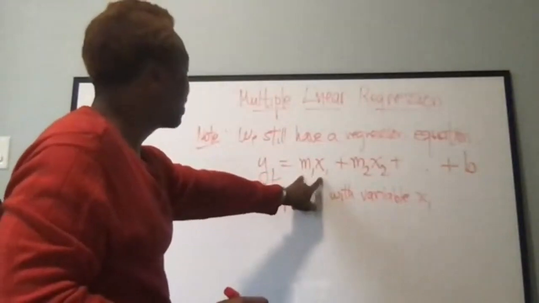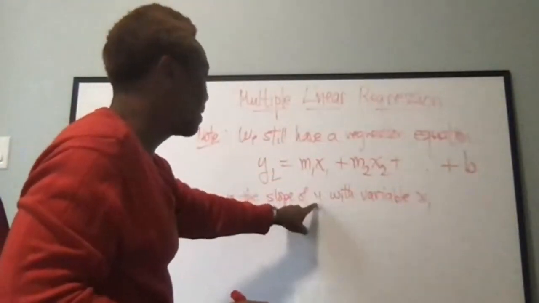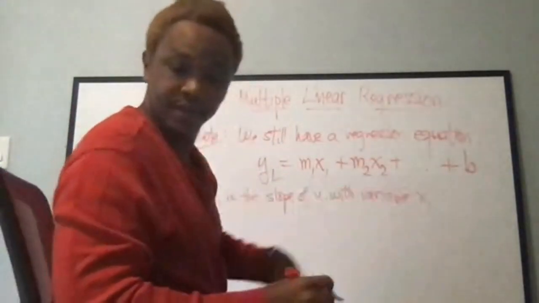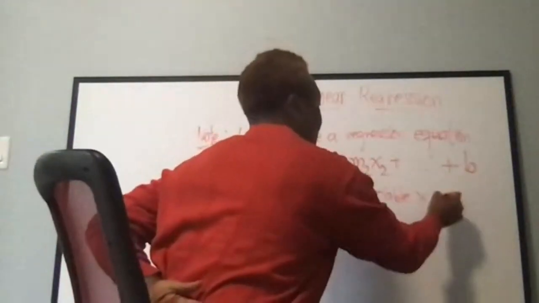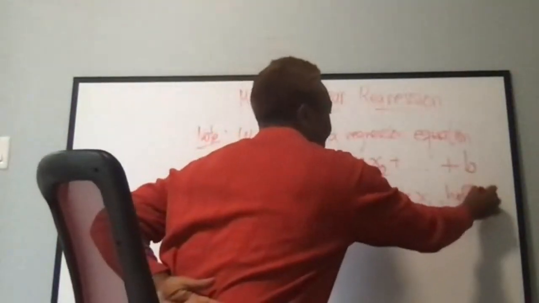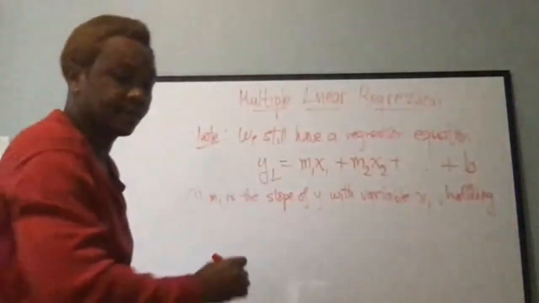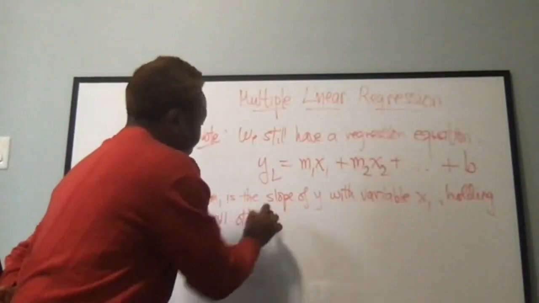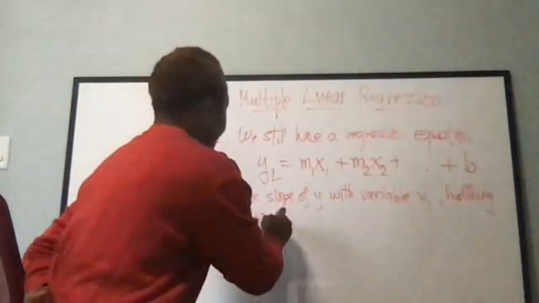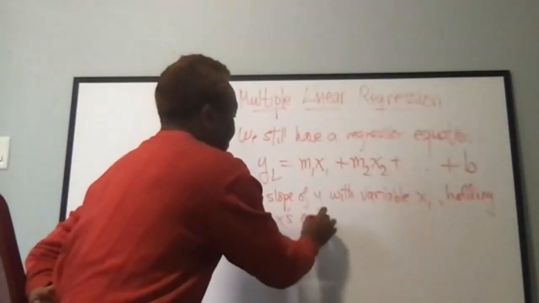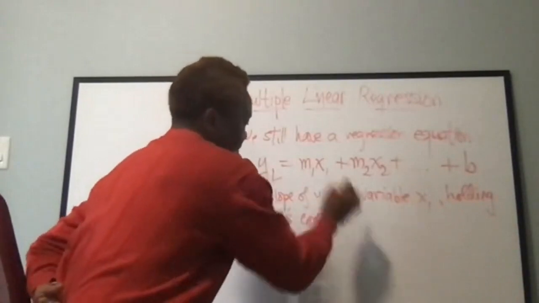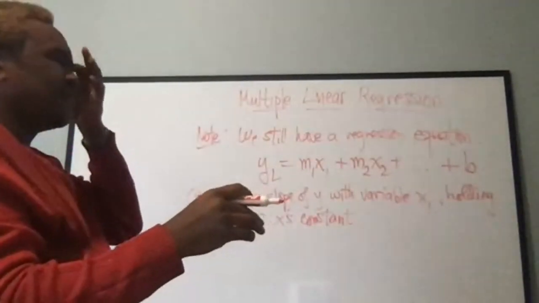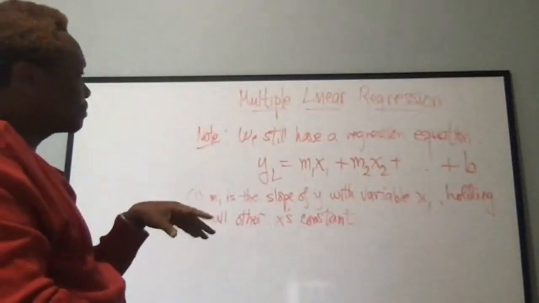See, this M1 is the slope of y with the variable x1, holding all other x's constant. And I think that'll make sense a little bit later as we move forward.